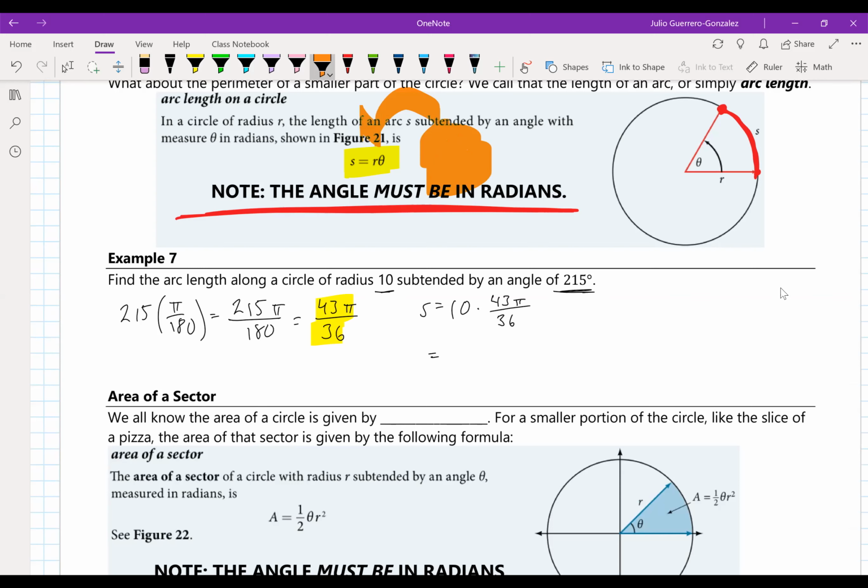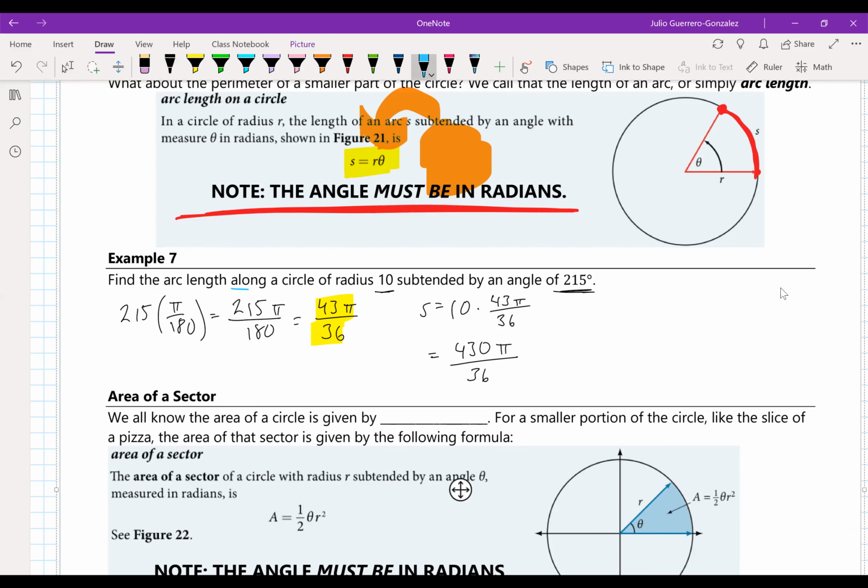So then this is going to be 430 pi over 36. Is that a 10? 10 times 43? Where'd the 10 come from?